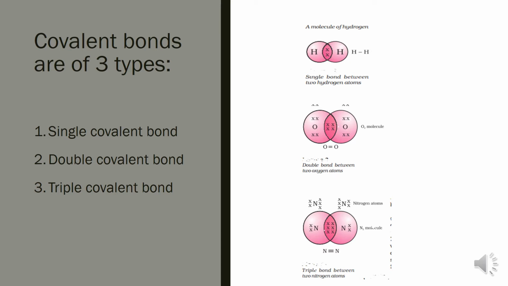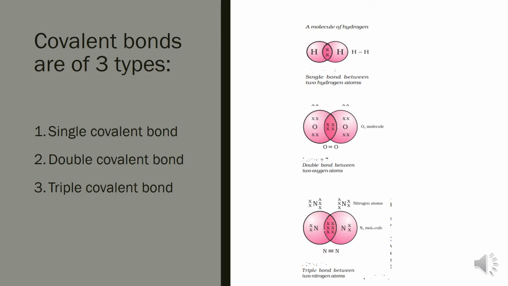In this way, what will happen? Two electrons will be present in case of hydrogen after bonding, and 8 electrons will be present in the outermost shell of chlorine after bonding.